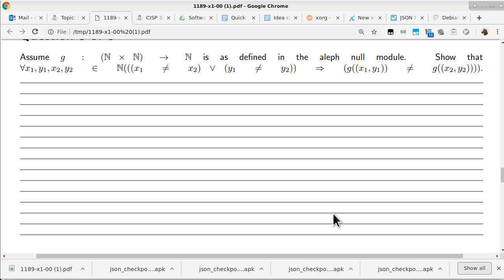So if x1 does not equal x2, or y1 does not equal y2, that means we're talking about two different elements in the domain. By virtue of being injective, we don't even need to use bijective in this case. By virtue that G is injective, they have to map to different values in the codomain. Done.